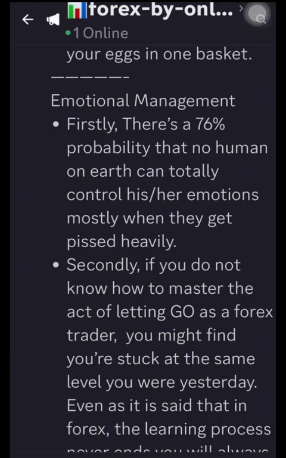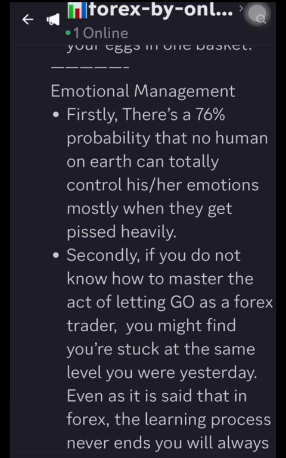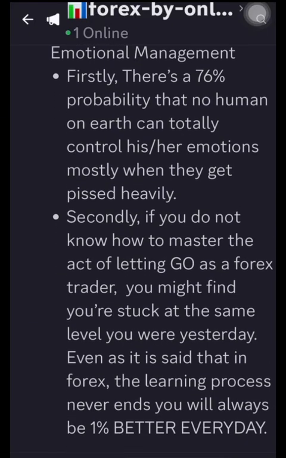Then secondly, under emotional management, if you do not know how to master the art of letting go as a forex trader, you might find out that you are just stuck at the same level that you were yesterday. Like I said, you are 1% better every day, which means every day you are supposed to be unlocking a new high.